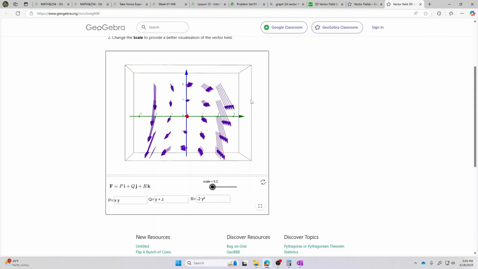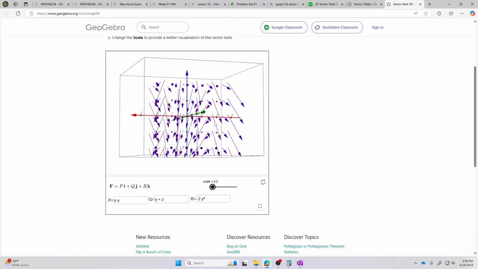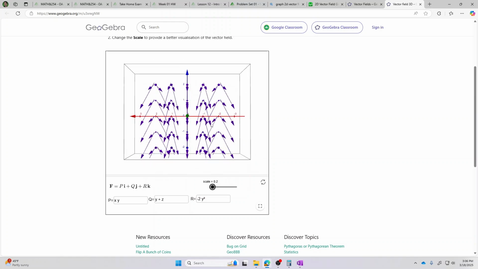And I guess that explains why we got that negative 4y minus 1, which is for relatively small values of y producing negative outputs. So that makes sense. Let's look at it from the direction of positive y. And yeah, truly, there's no clearly defined swirling motion from this vantage point that I can see. So I guess it makes sense that we got a 0 in that component.